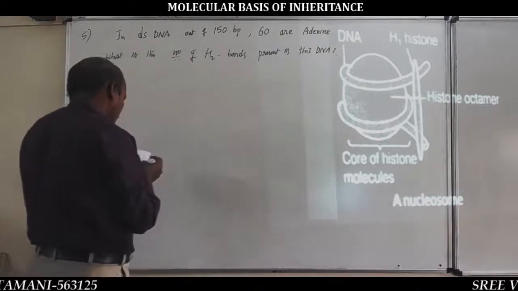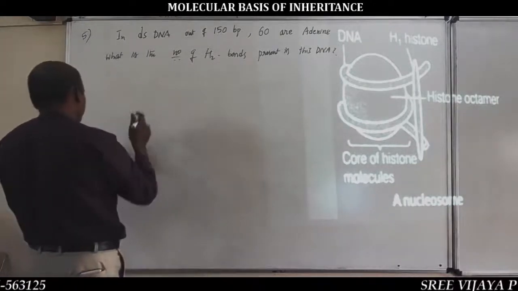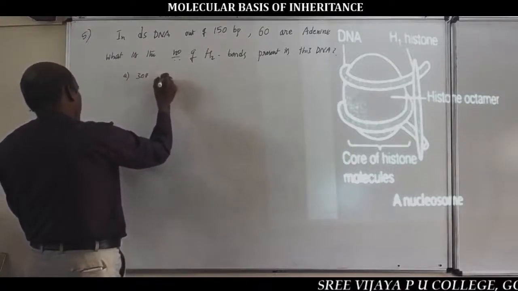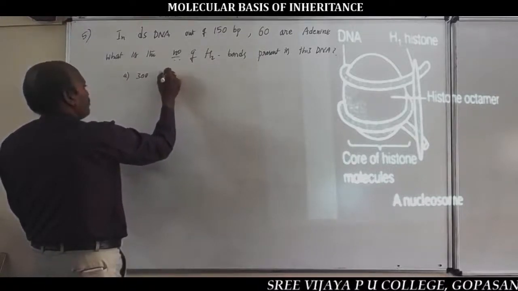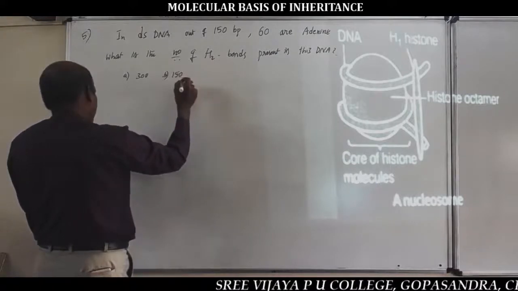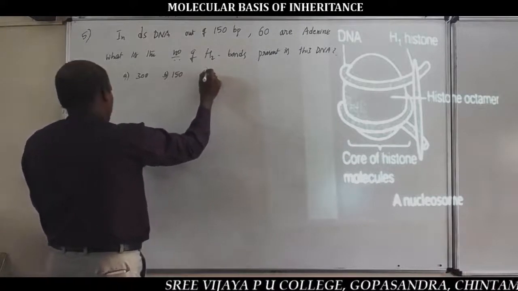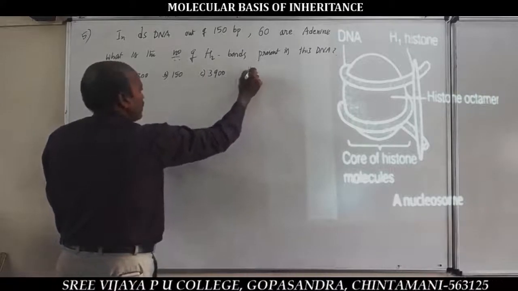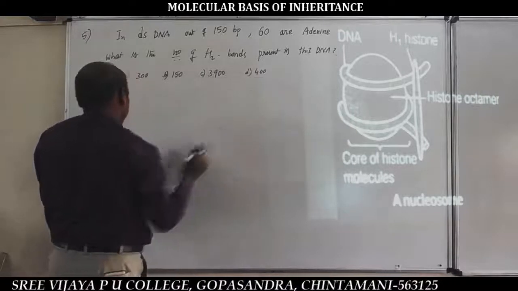Your options are A 300, B 150, C 390, D 400.